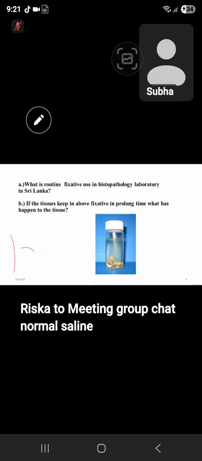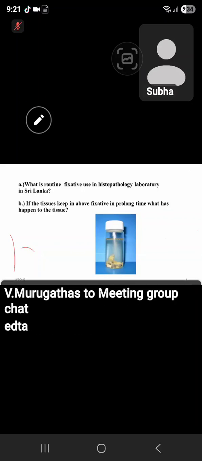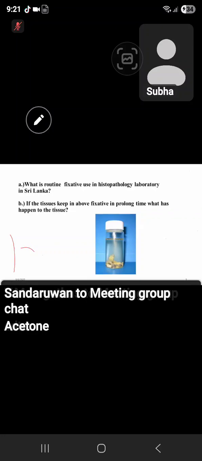Enzymes. To demonstrate enzymes, what is the most suitable fixative you have to use? Normal saline. For lipid, no, not acetone.